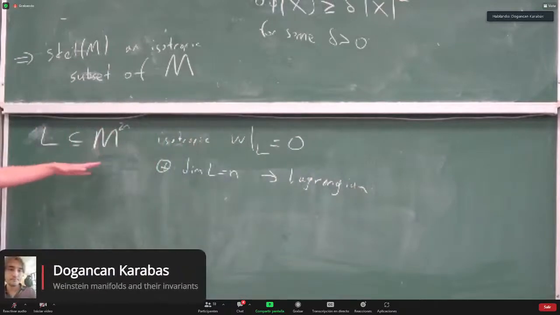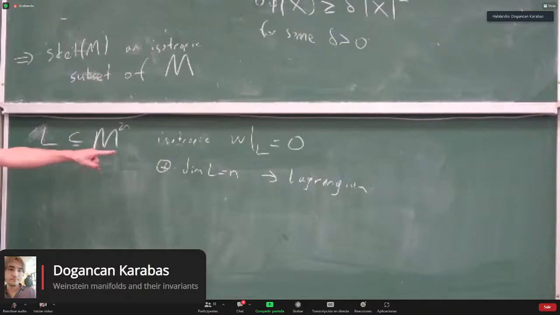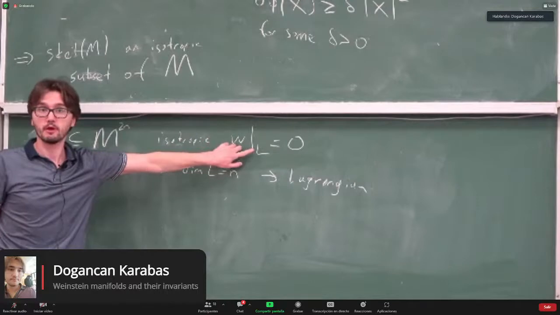So Lagrangians are submanifolds of your Liouville manifold or exact symplectic manifold, doesn't matter, which have dimension n and the symplectic form vanishes on them.